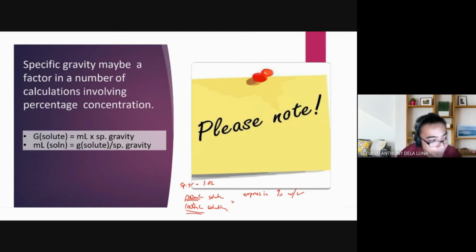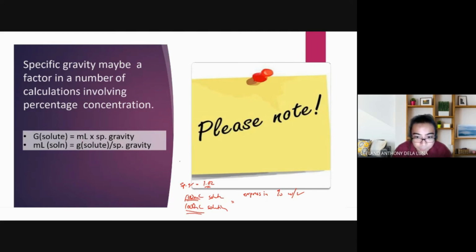So, obviously, class, anong gagawin ko dito? Para ma-express ko siya as weight per volume, I need to convert my 100 ml solute into grams, into mass. So, gagamitin ko yung specific gravity natin dito, which is 1.02. And to get the mass, ano lang gagawin natin? Okay? So, sabi nga natin, yung formula natin is just simply volume times specific gravity.